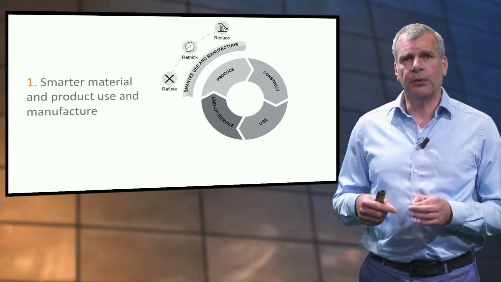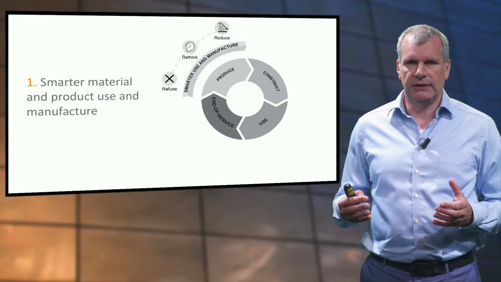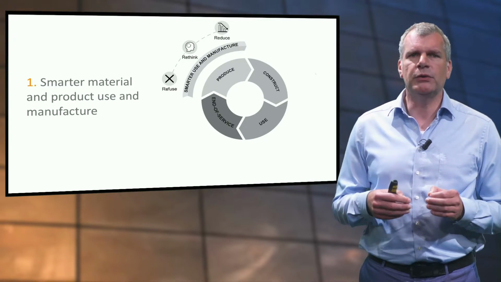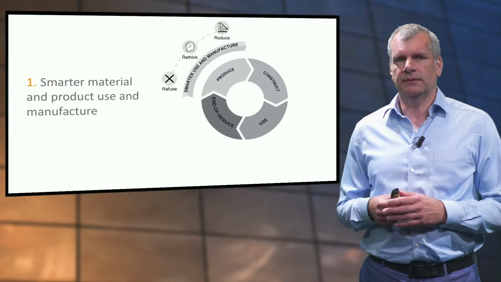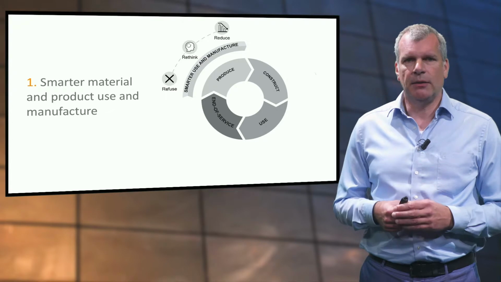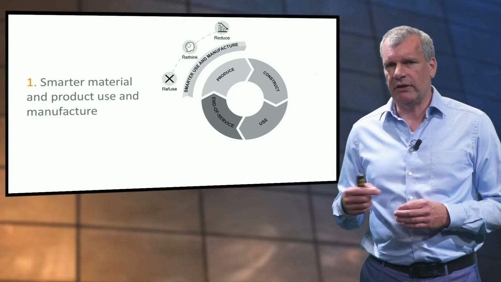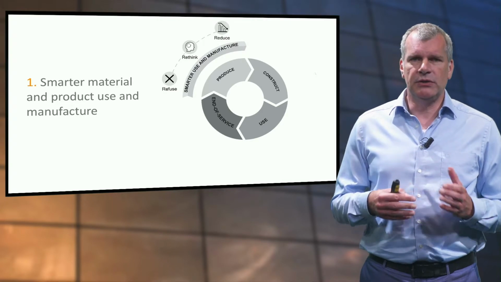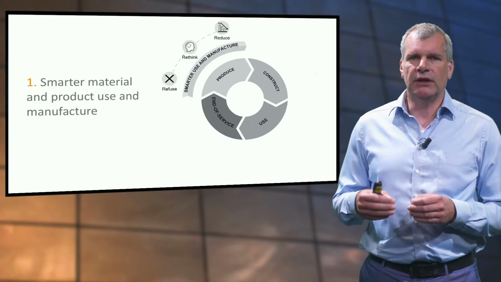Smarter material and product use and manufacture is the most circular level of strategies. It starts with refuse, to make a product redundant by abandoning its function. With rethink, a product use can be more intensive, for example by sharing it. Reduce means to increase the efficiency of a product by using fewer natural resources.